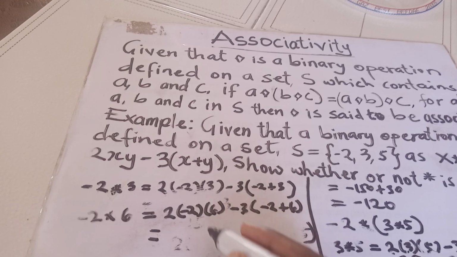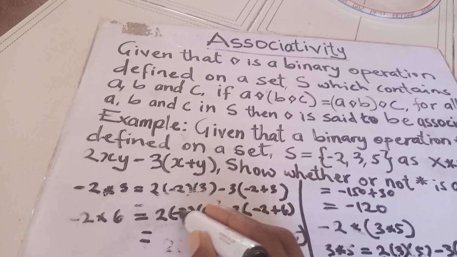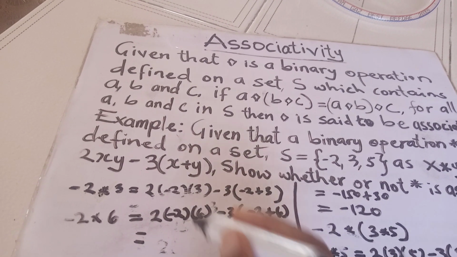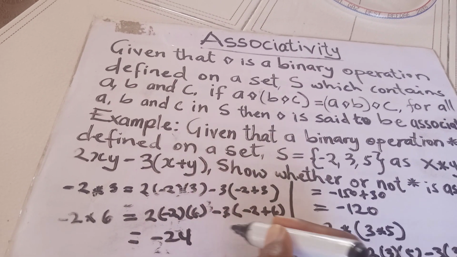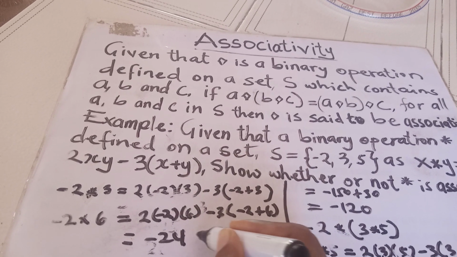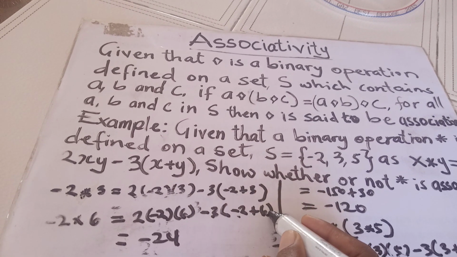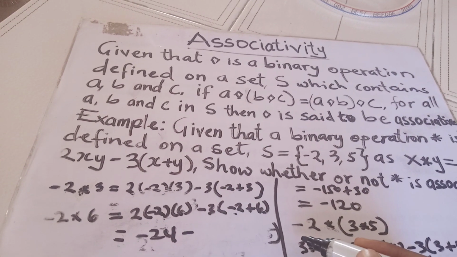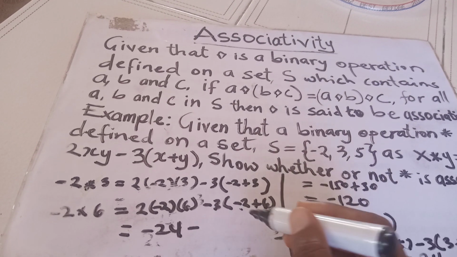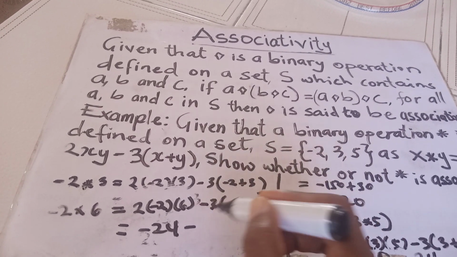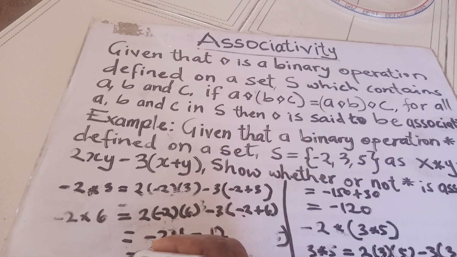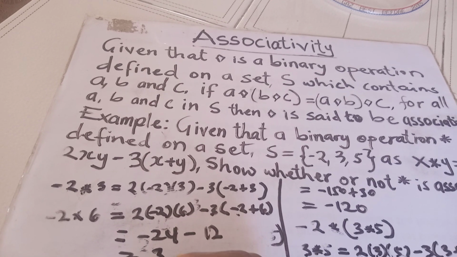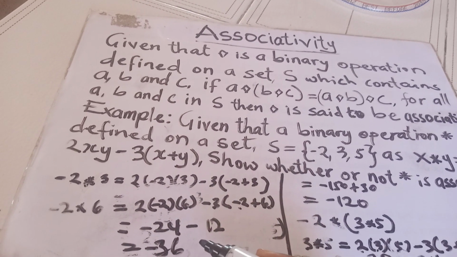Simplifying this, negative 2 multiplied by 2 is negative 4, multiplied by 6 gives negative 24. Then negative 2 plus 6 gives 4, multiplied by 3 gives 12, and this produces negative 36.